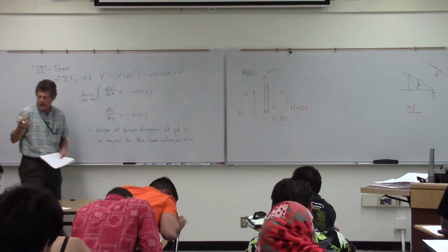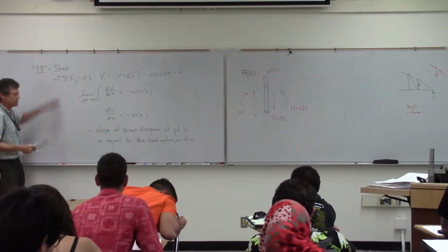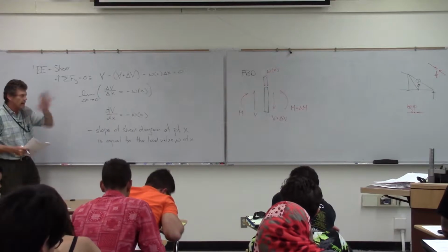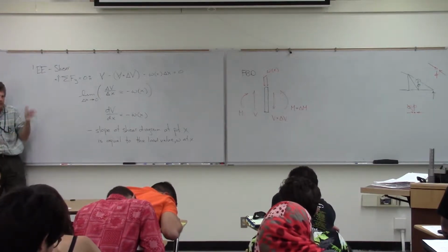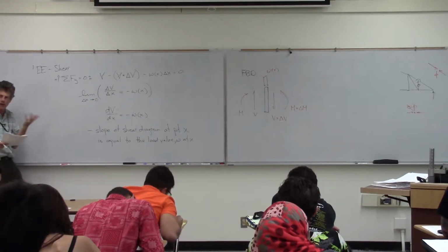So it's just simply saying that if I can figure out what that little squiggly line is at any point, what I can do is describe my shear diagram, the slope of my shear diagram at that very point.